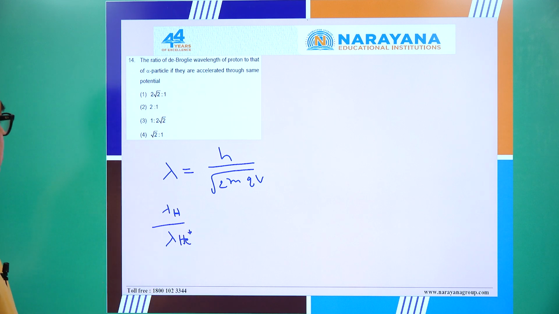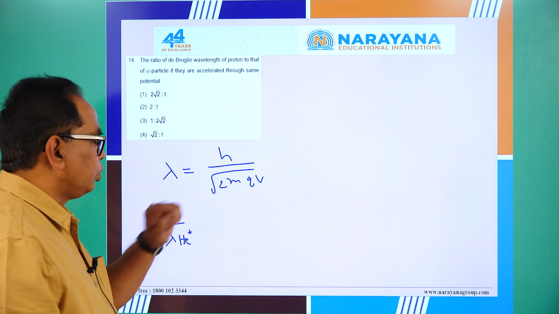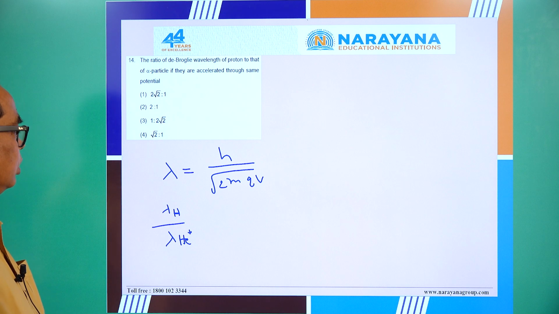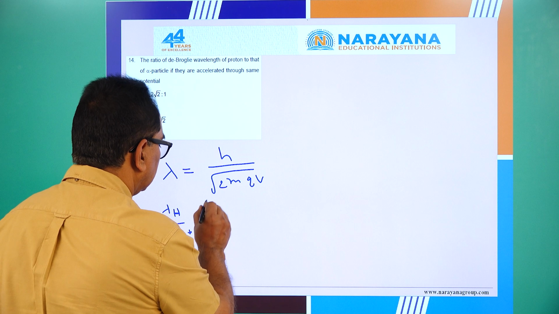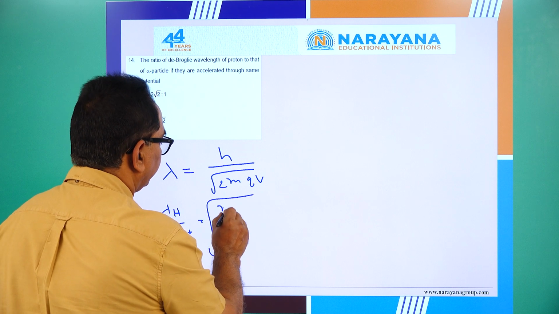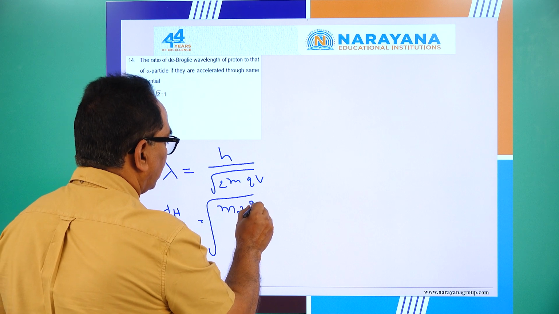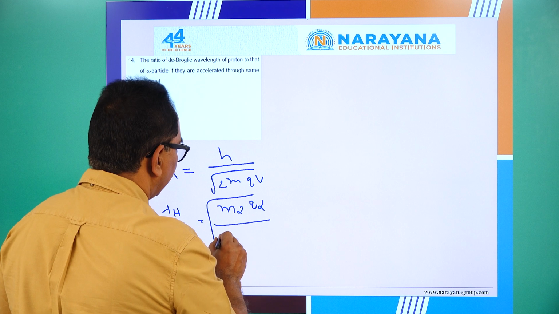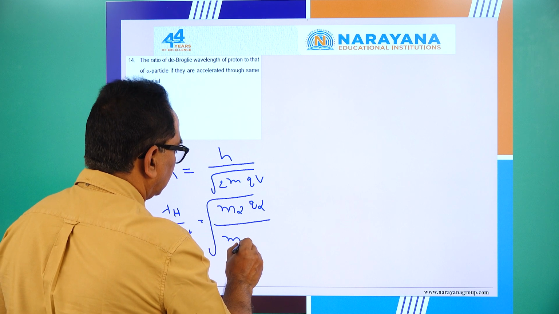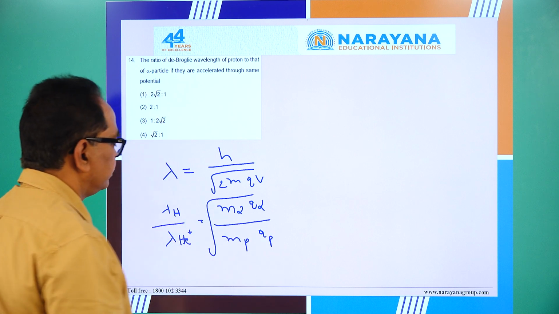Of course, here the potential is the same, and h is constant and 2 is also constant. We have to decide based on the mass of alpha particle into charge of alpha particle by mass of proton and charge of proton.